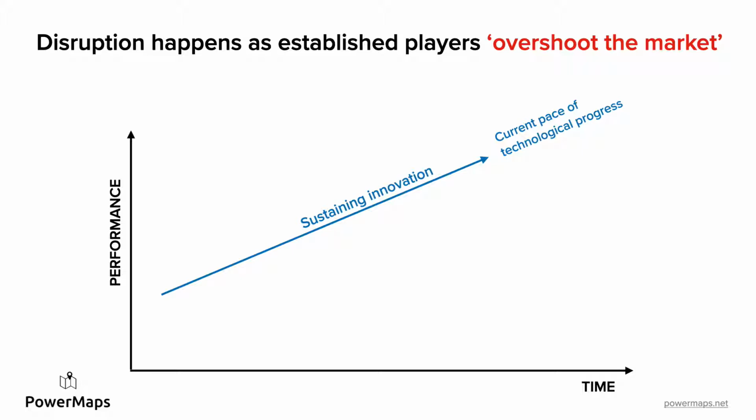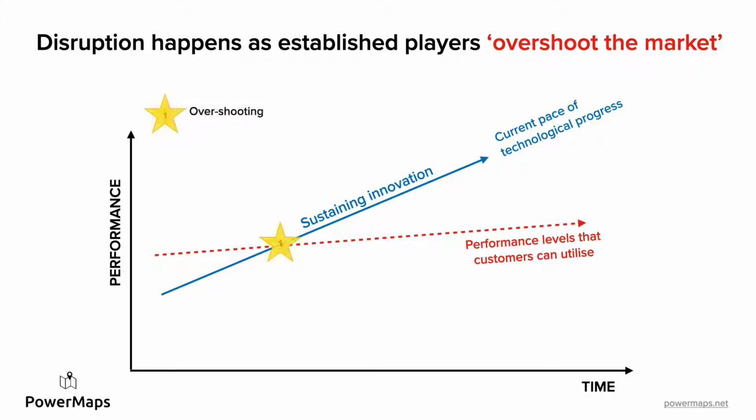A company focuses on sustaining innovation, that is, incrementally improving the performance of their product over time. But the pace of technological change means products or services can quickly outperform the customer's ability to use them. This is when companies overshoot the market. At this point, a disruptive alternative appears.